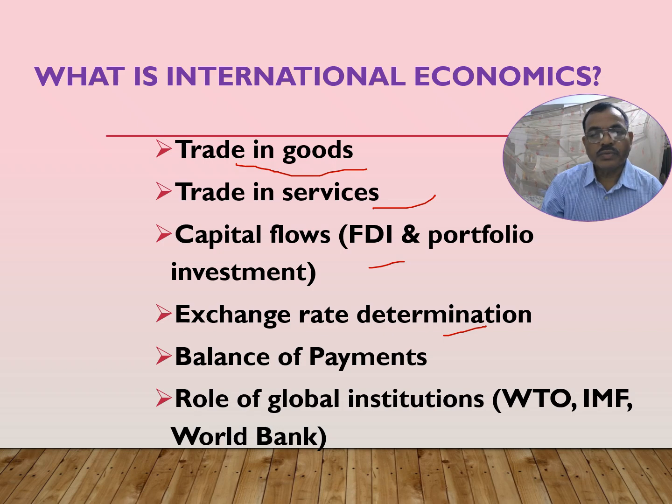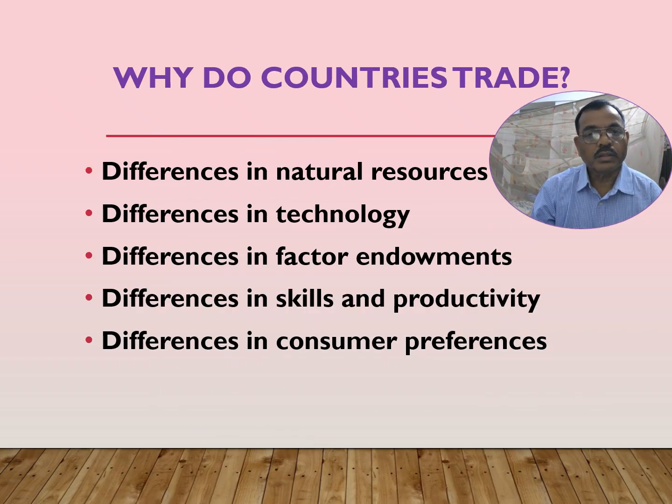But the natural question is, why do countries interact at all? Why do they not produce everything themselves? Countries trade because they are different from each other. They differ in natural resources, in technology. There are differences in factor endowments, differences in skill and productivity, and in their consumer preferences.